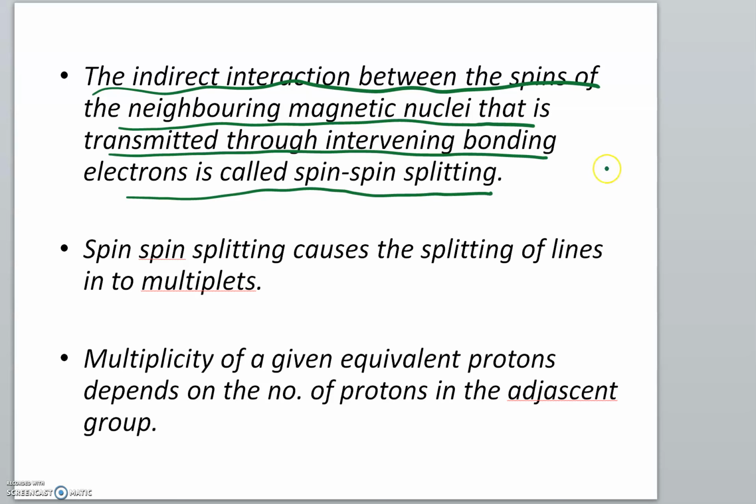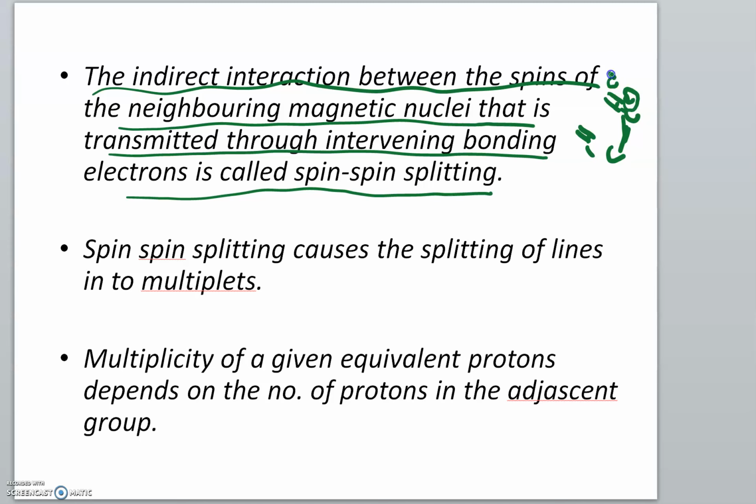That is, if you consider a proton attached to a C, the electron is here, and another CH is here. Each electron has a spin. Hydrogen also has a spin. So each acts as a tiny bar magnet.